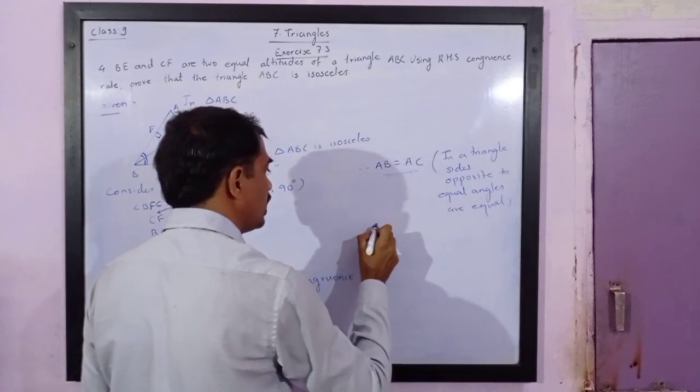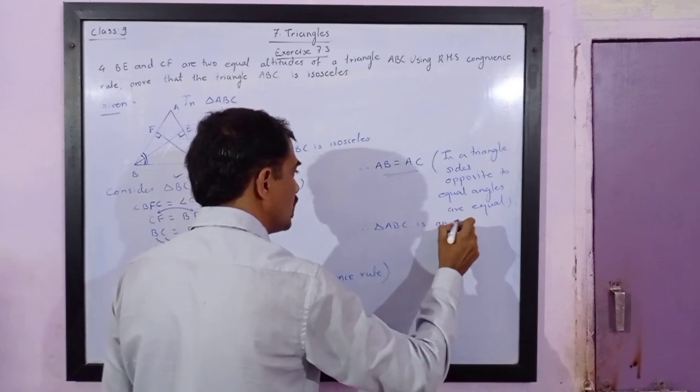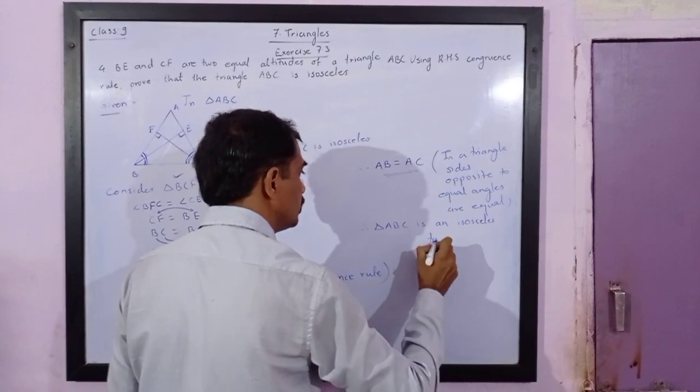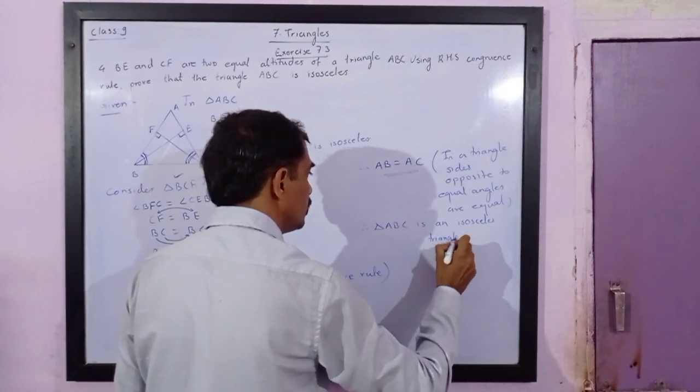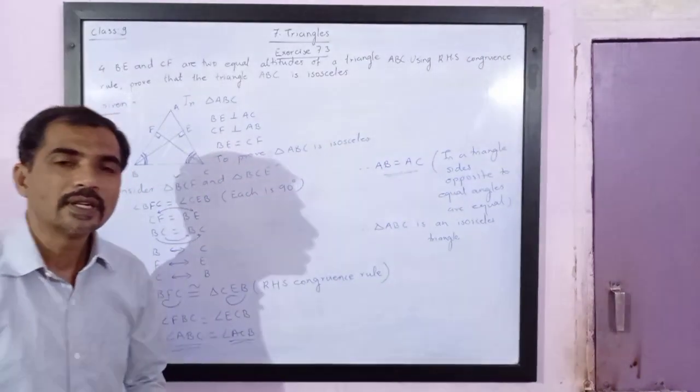Thus, I can say that triangle ABC is an isosceles triangle. The same was asked of us: to prove that triangle ABC is an isosceles triangle.